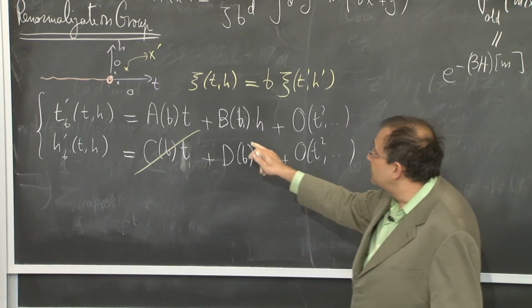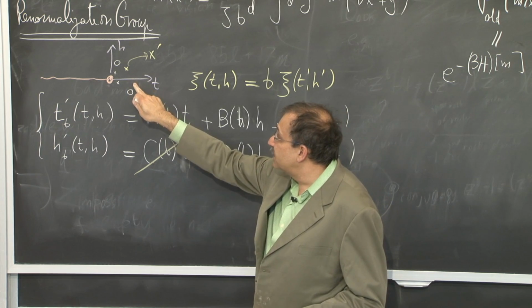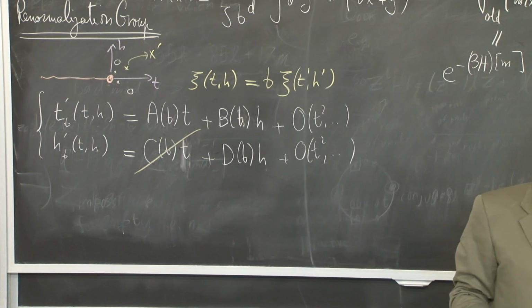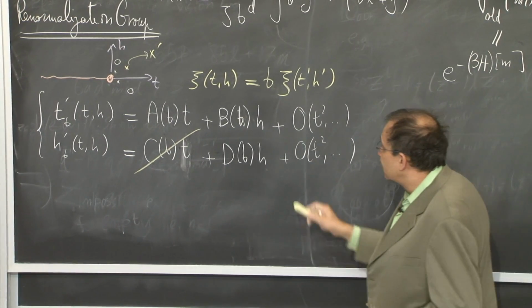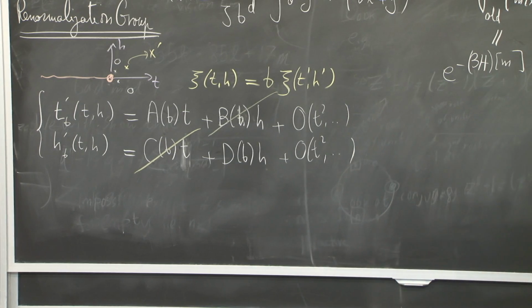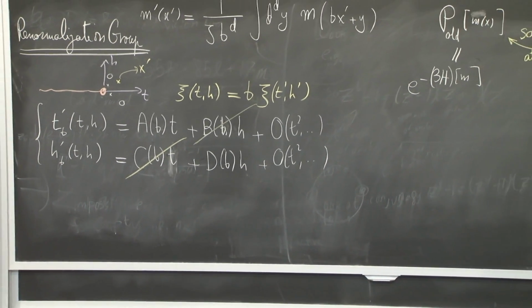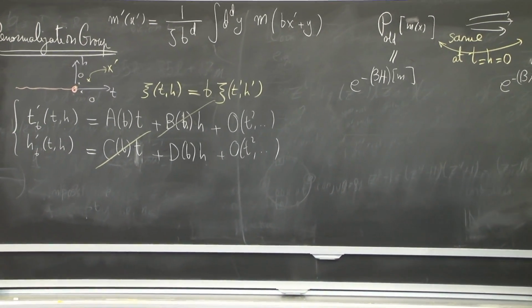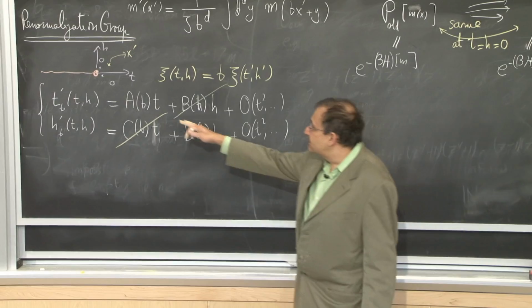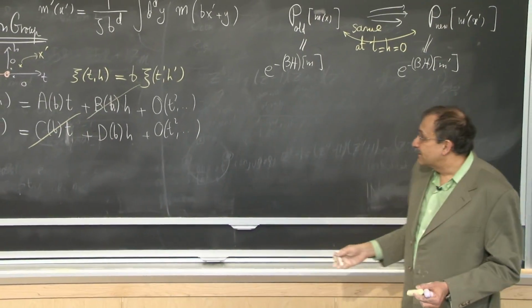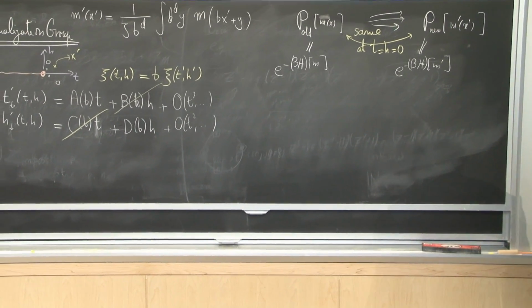And similarly, by symmetry, there is no difference between h positive and h negative. As far as t is concerned, h and minus h should behave the same. So this series should start at order of h squared and not h. So that term should be absent. OK? So at this level, we have a nice separation into t prime is a t and h prime is d h.